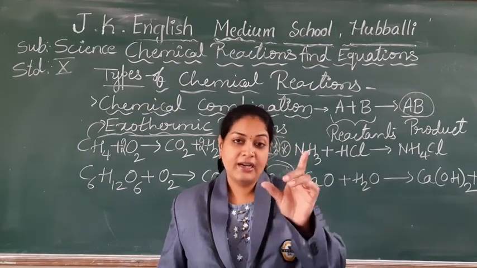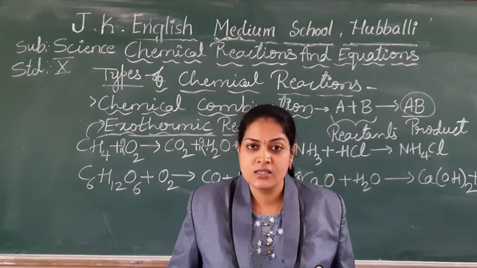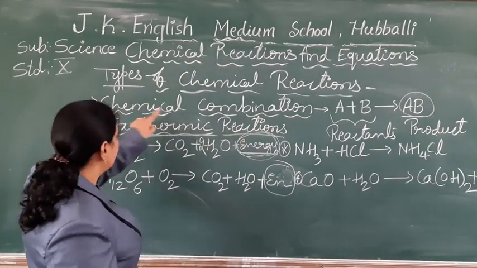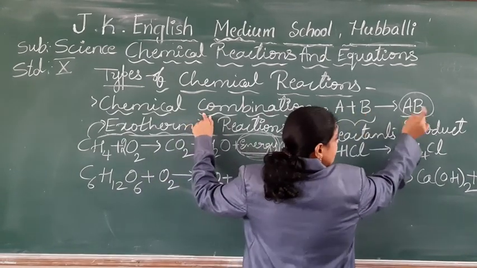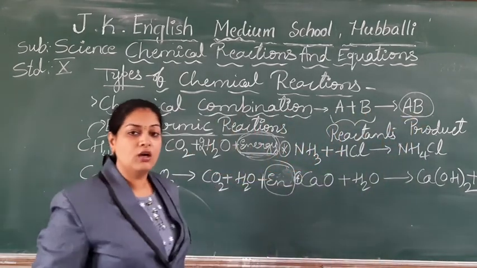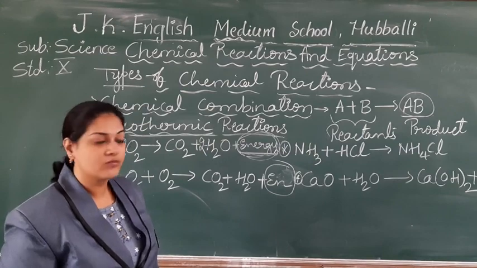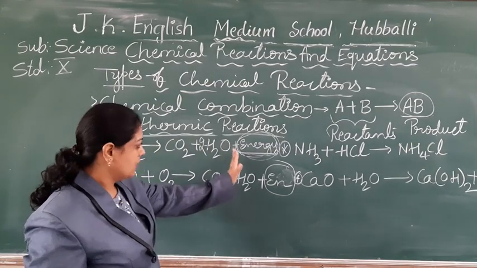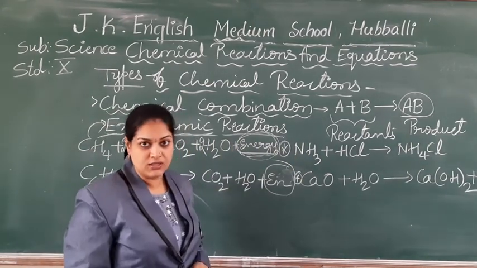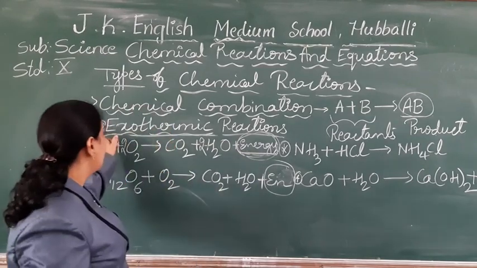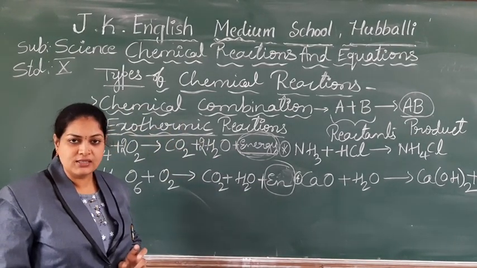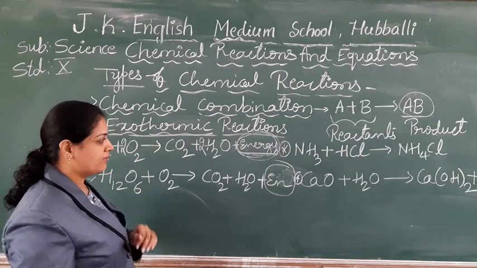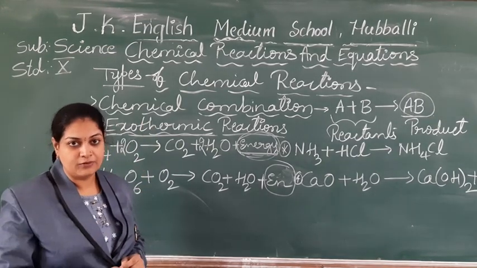So under one heading we have discussed two types. One is combination reaction: two reactants with a single product. After the reaction, if the heat liberates out, then that is called the exothermic reaction. Hope you are clear, students. So like this, two types we find under one heading.